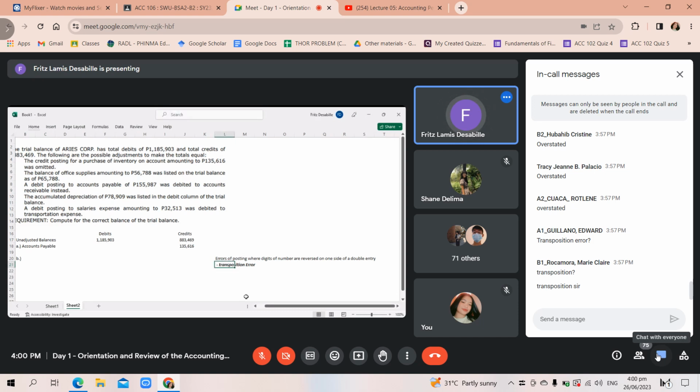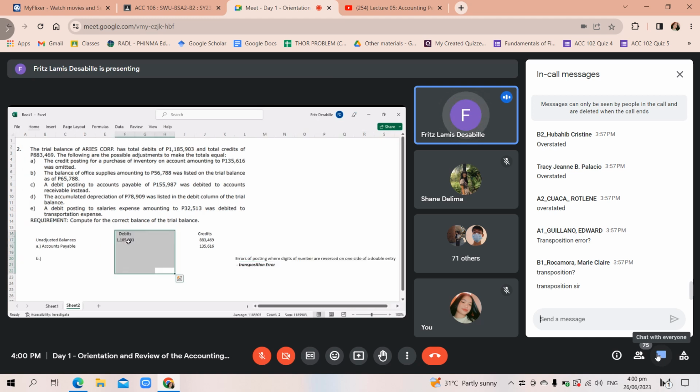Ang ma-detect sa trial balance is a transposition error. Ang definition sa transposition error, kani, errors of posting where digits of numbers are reversed on one side of a double entry. So kani, so instead nga 56,788 ang gi-entry, ang gi-entry kay 65,788. So unsay result ana?